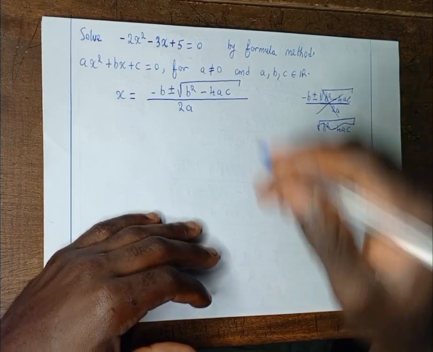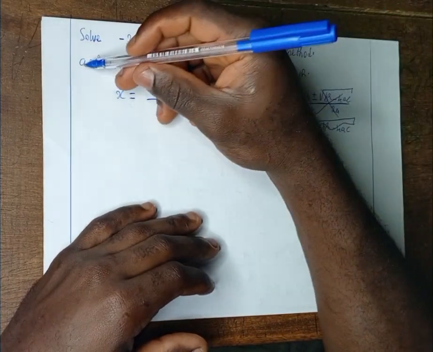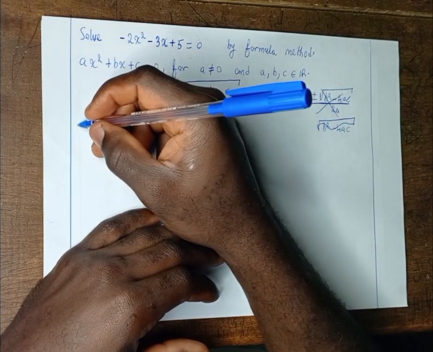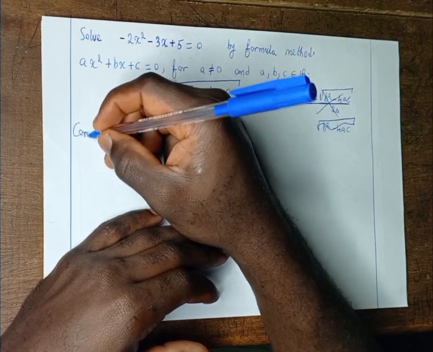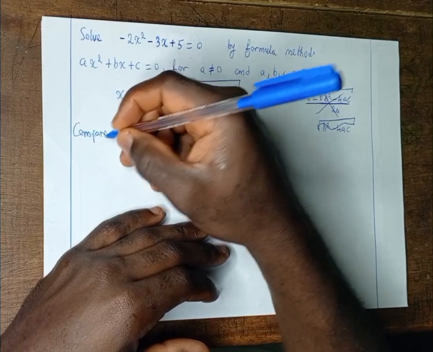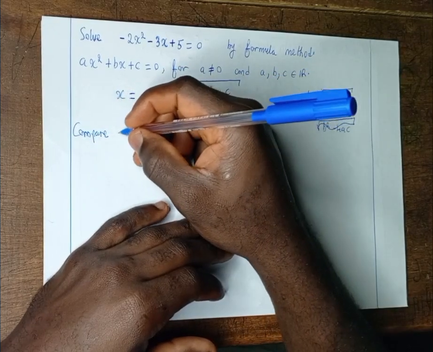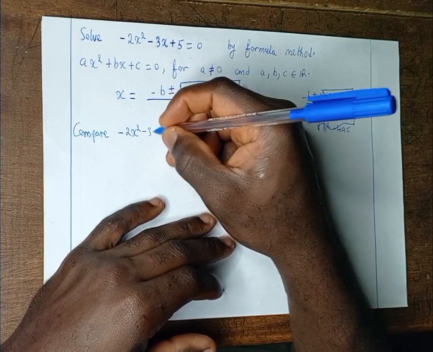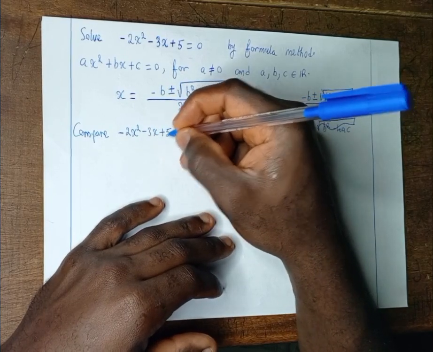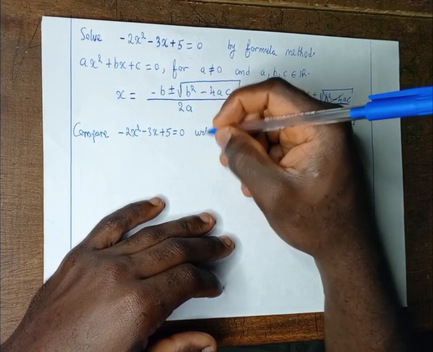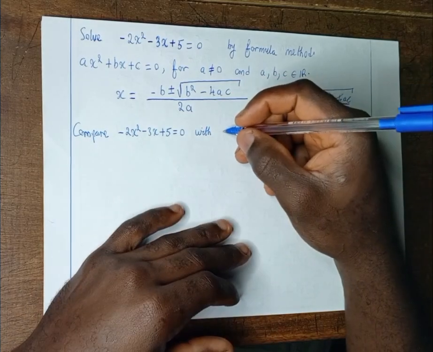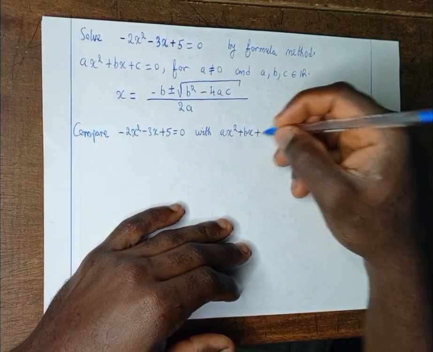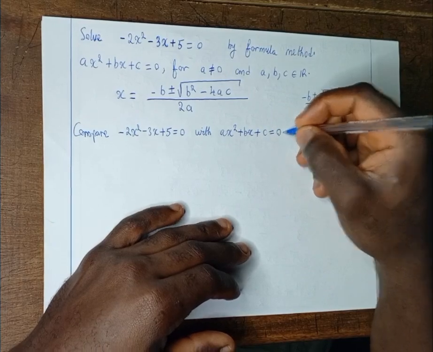Now the next thing will be for us to get our a, b, and c. So for us to get a, b, and c, we are going to compare the quadratic equation negative 2x squared minus 3x plus 5 equal to 0 with the general form of a quadratic equation, which is ax squared plus bx plus c equal to 0.